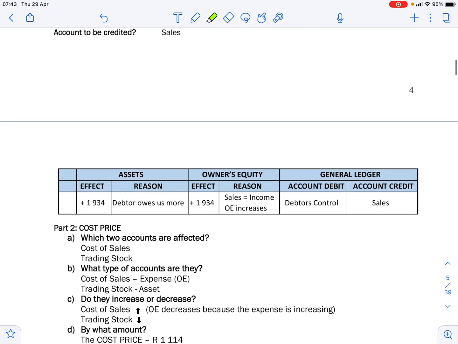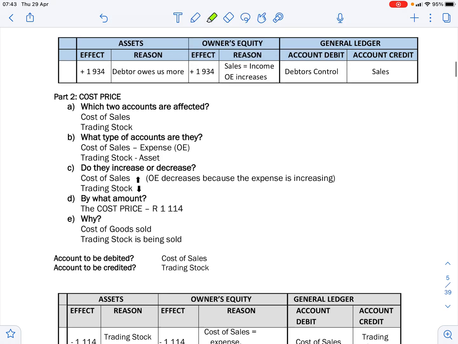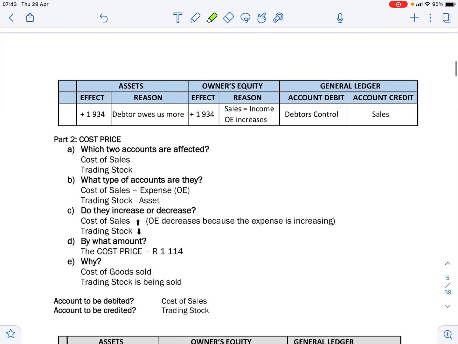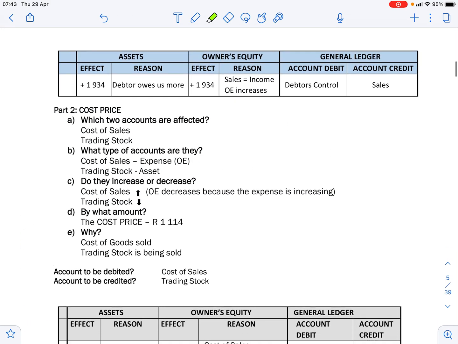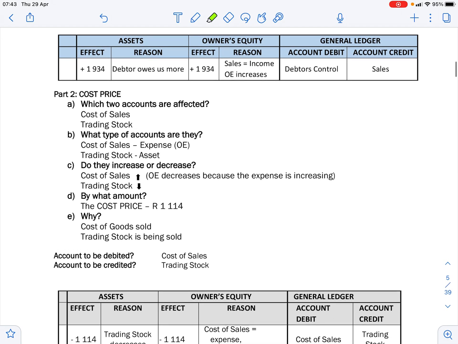So, if we have a look at a practical example, we would have account credit, account debit. Okay? I will work through activity 3 with you guys, and you can then begin activity 4. So, if we look at our 3 columns, we have our assets, owner's equity, and our general ledger.